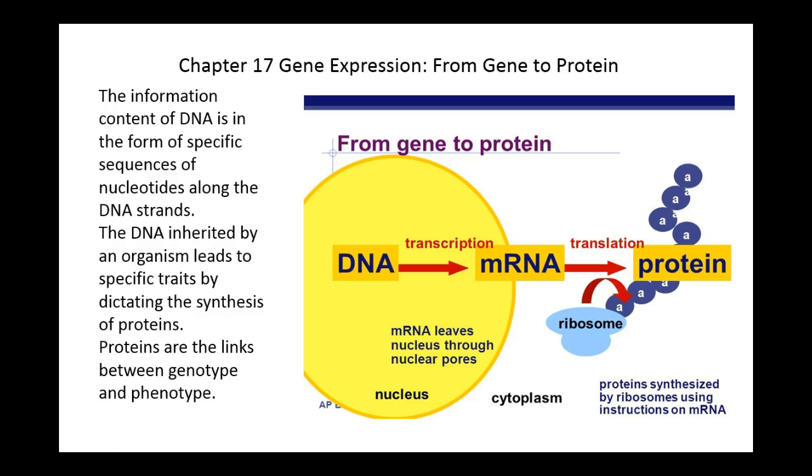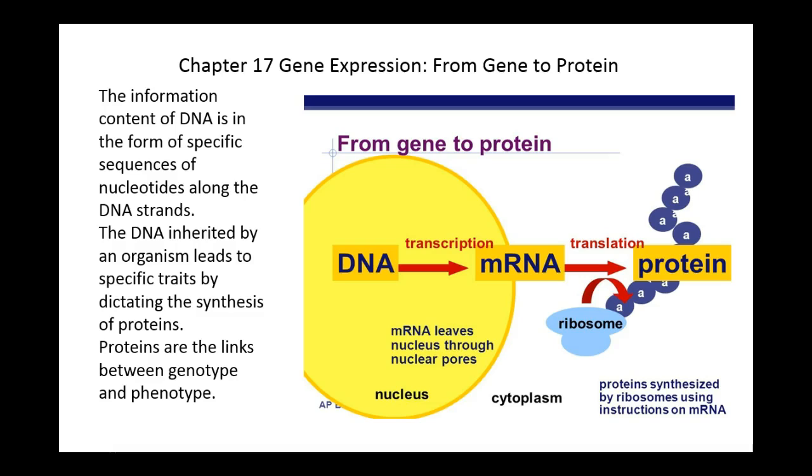Then messenger RNA goes out into the cytoplasm and is connected to a ribosome, a free ribosome, and that free ribosome then will bring amino acid sequences that match up with the instructions that the RNA got from the DNA and create this protein.